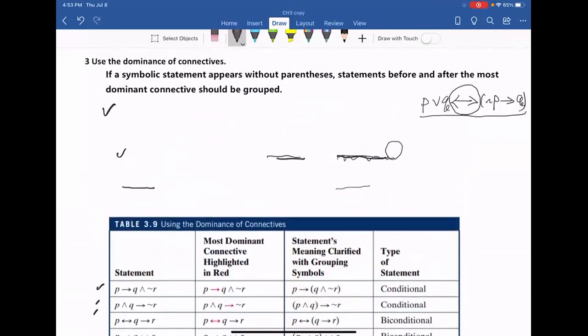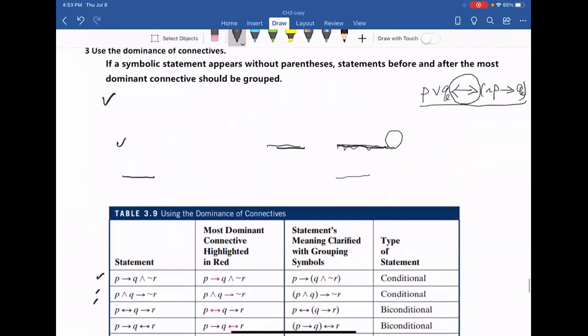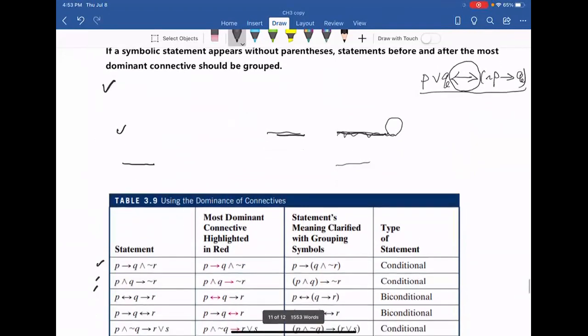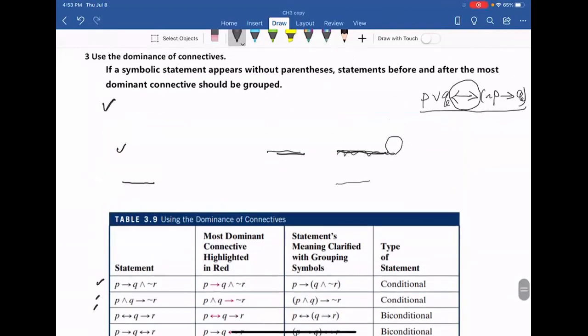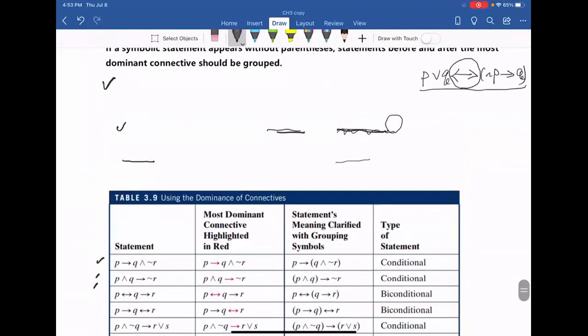Where's my picture? Okay, so pause the video and go back to see the image here in this part. It froze.